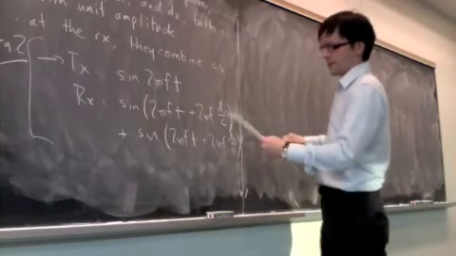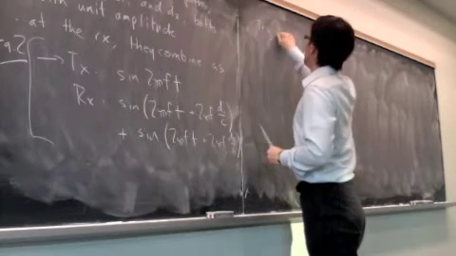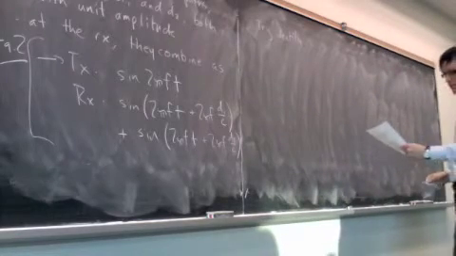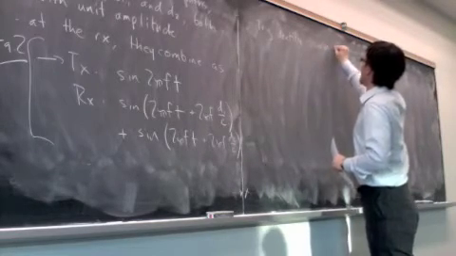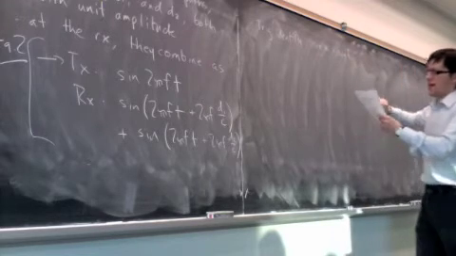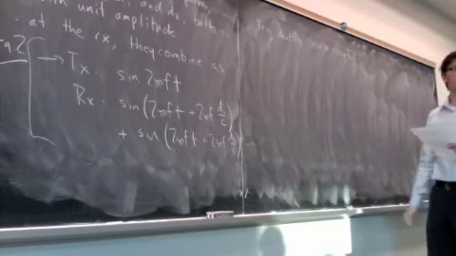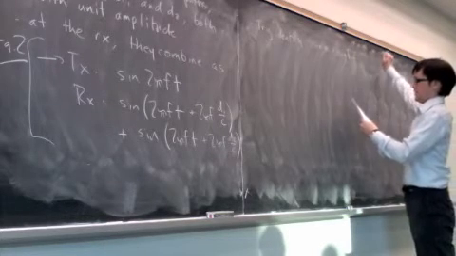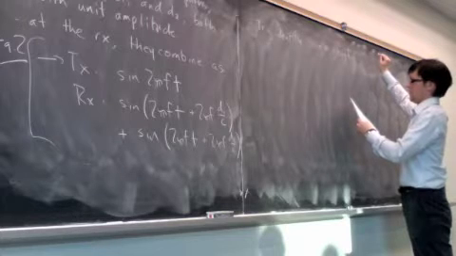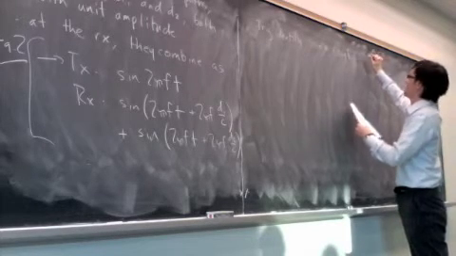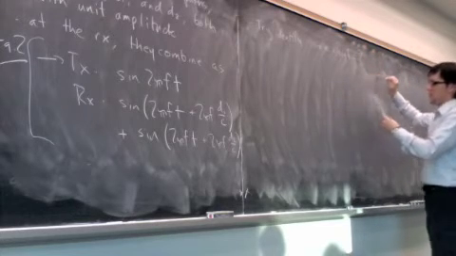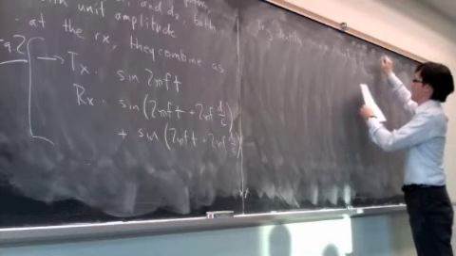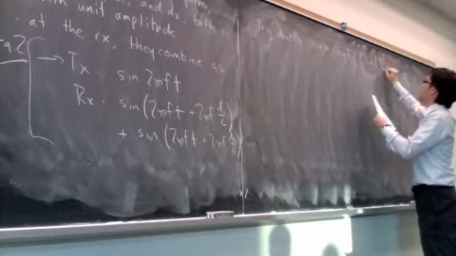Okay, here's a handy trig identity. Sine A plus sine B. Anybody? 2 sine A, sine B. Not really. So, sine A plus sine B is 2 sine cos. 2 sine A plus B over 2.